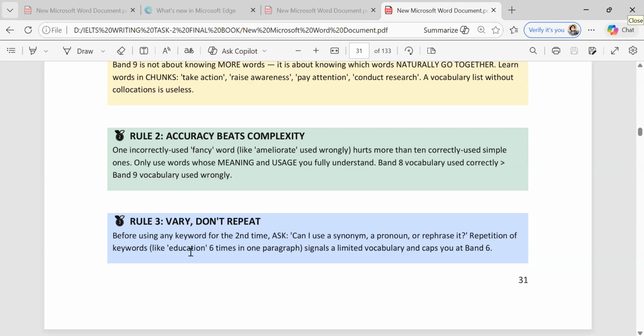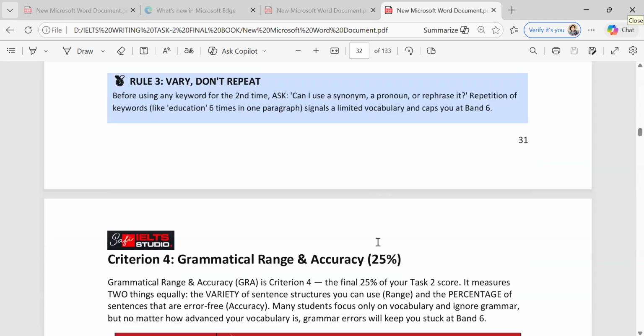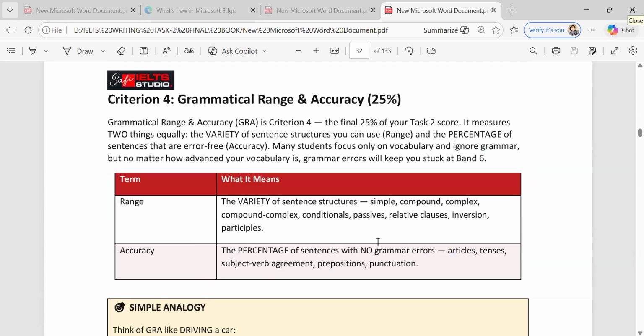And for rule number 3, very clear, don't repeat. Before using any keyword a second time, ask, can I use a synonym, pronoun, or rephrase? Repeating words like education 6 times in one paragraph signals limited vocabulary, and caps you at Band 6. So don't repeat.